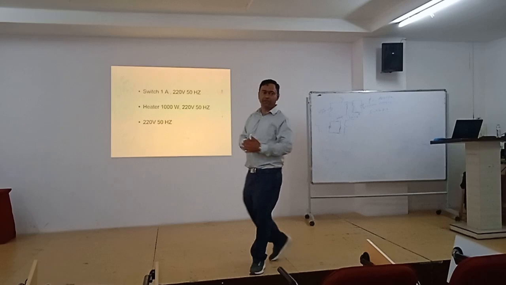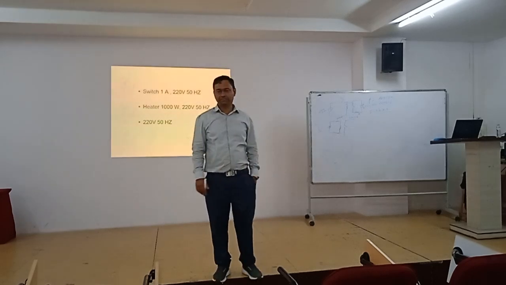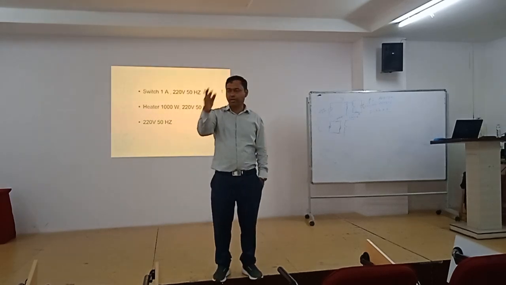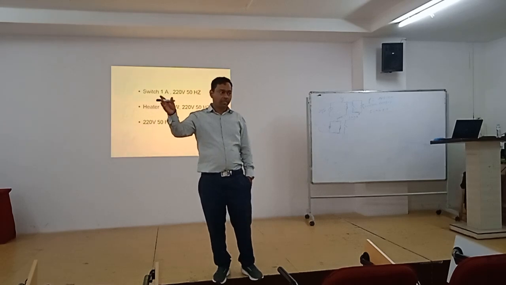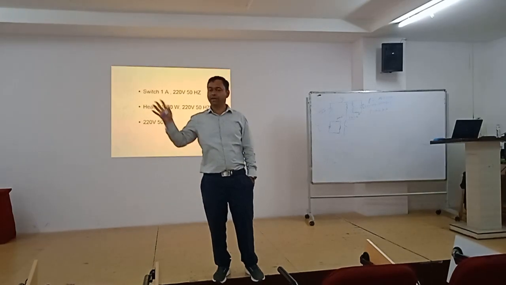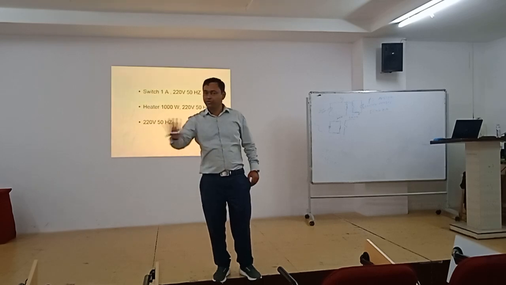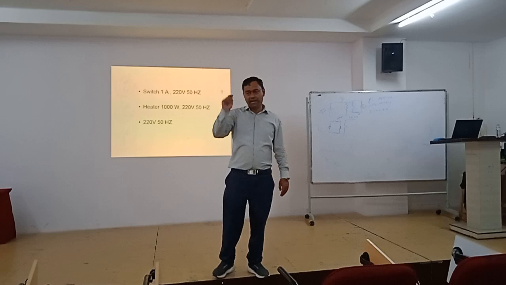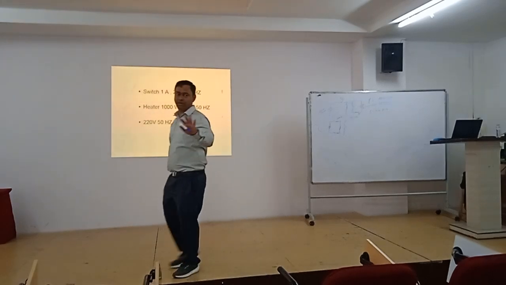Maximum time, after the controller you have an actuator. It could be a relay, a contactor, or a VFD. VFD is also one of the actuators, a variable voltage, variable frequency drive. Every time after the controller you will have actuators.